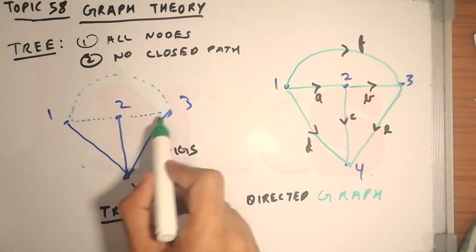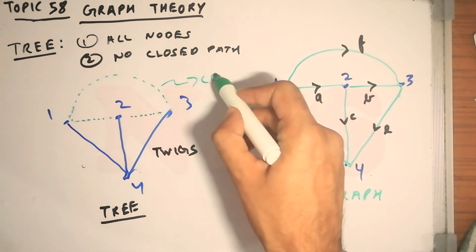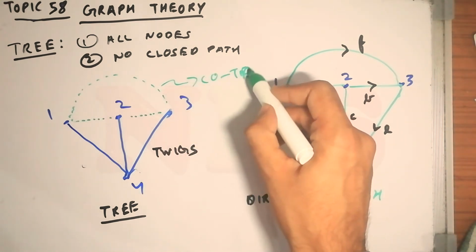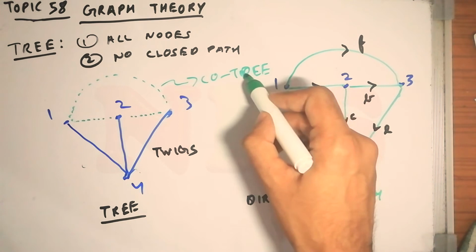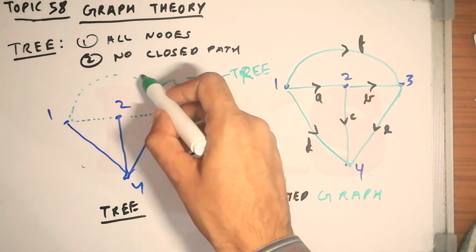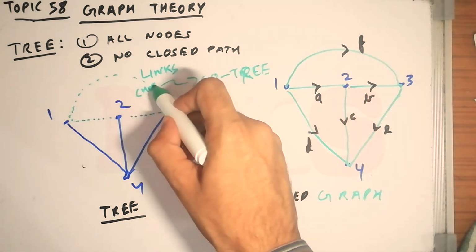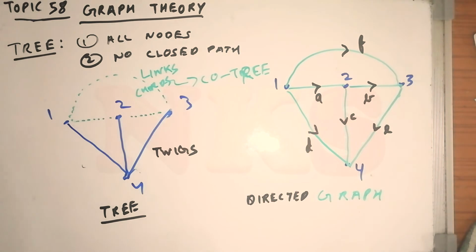The graph shown with the green dotted pen is known as the co-tree. It contains all the branches that were not included in the tree. All the branches of the co-tree are known as links or chords. So you have this: tree, co-tree, links or chords, and twigs.